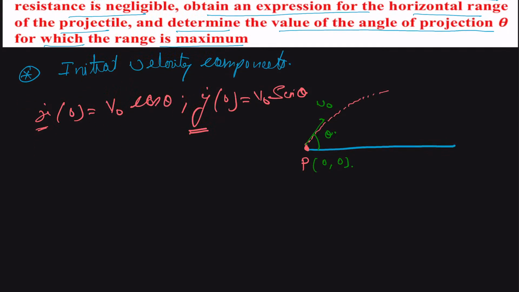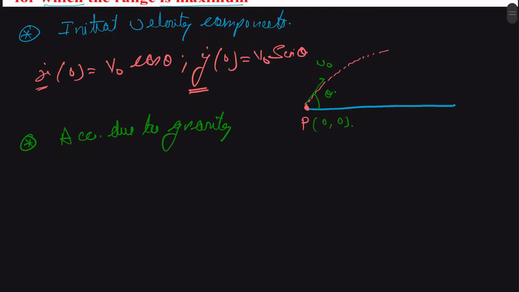And in this case, we have to remember that our acceleration due to gravity, we already know more or less about this. So the first point is that it will always be acting in the downward direction.